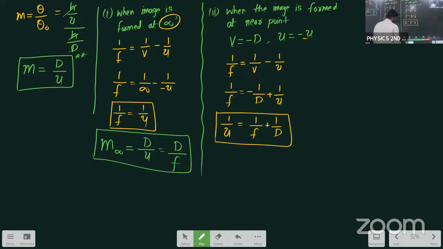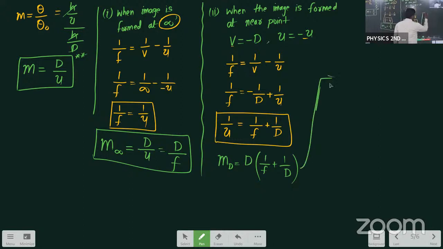So I can write magnification at near point. Magnification at near point is given as, what is that value? D by u. D of, what is the value of 1 by u I am getting? 1 by f plus 1 by d. If I take 1 by d outside, what will it become? M is equals to d of d, and what will be left with?